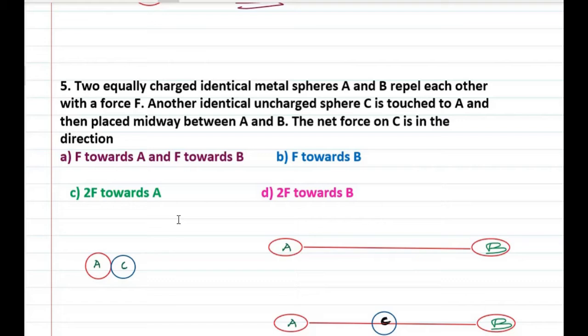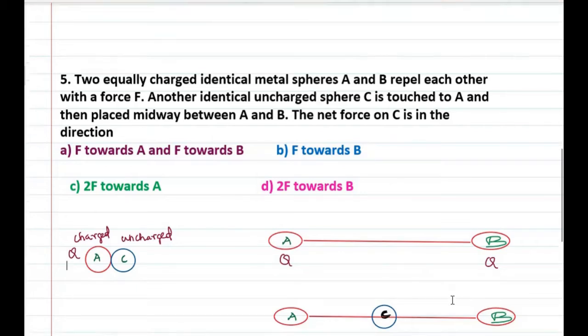Let the charge be Q at both A and B. Now we are taking an uncharged sphere C. Let C be uncharged and touched with A. So both the charges at A and B will be Q.